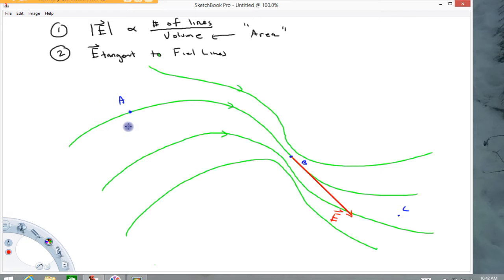Now when we compare points A and C, you notice here there's quite a bit of distance between A and the next field line this way, and A and the next field line this way, and it's really a three-dimensional thing. You almost have to think about it kind of coming out of the page as well. At C, you don't have to go as far to hit these other field lines. So the next strongest electric field is definitely at C. Now, I don't have a field line right at C to be tangent to perfectly, but I can infer the direction.